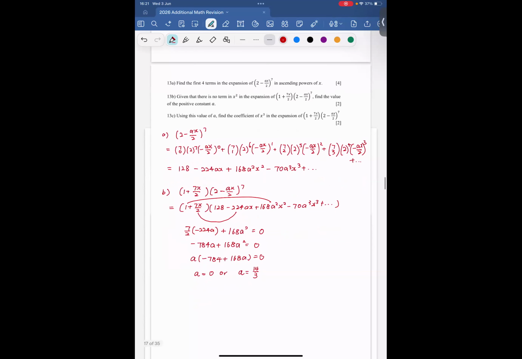Okay, 13c. Use the value of a to find this. Find the coefficient of x cubed.